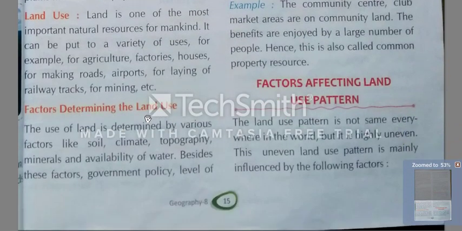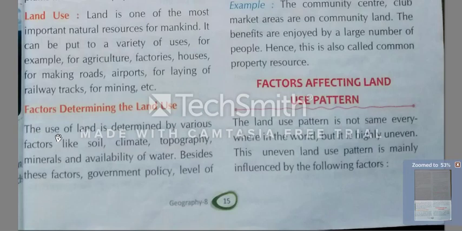Okay, the next heading on the screen is factors determining the land use. You will see some factors which determine the land use.